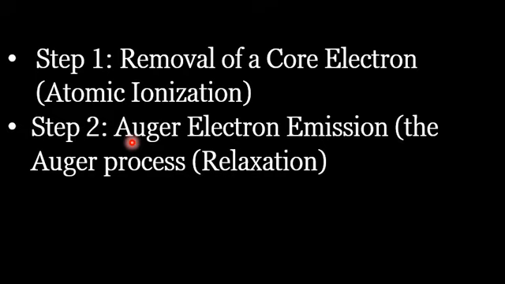These characteristic X-rays are released because the structure of the atom is destabilized, because the core K shell electron is removed by the energetic electron beam. In order to relax the structure, an electron from a higher energy level will jump into a lower energy level. So this step is known as a relaxation process.